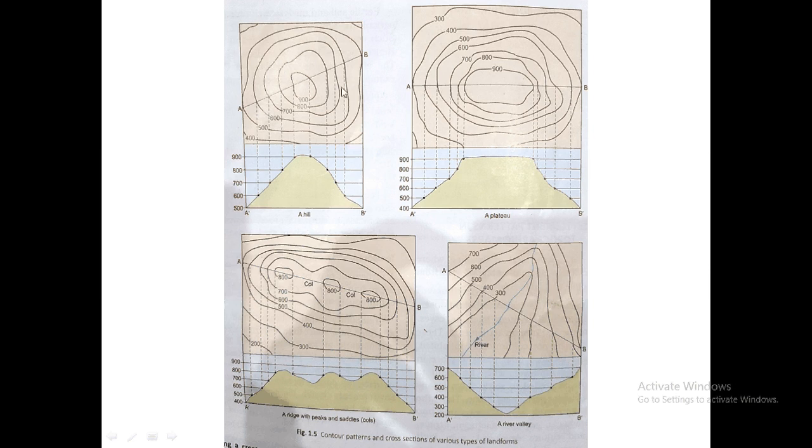And this is a slightly smaller circle. But if you talk about a plateau, because the top is flat, it is widespread. This contour line is widespread. So if we have this widespread structure, we can easily understand that this is the contour for a plateau.